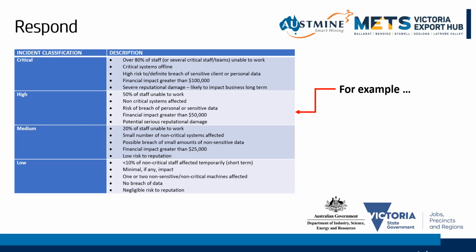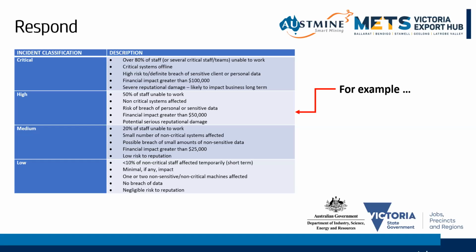You're also going to determine the severity to your reputational damage. And that, again, is entirely up to you to determine what classifies that as severe. In the case of high, for example, instead of having 80% of staff impacted, you might say that if 50% of staff is impacted, you consider that to be high.